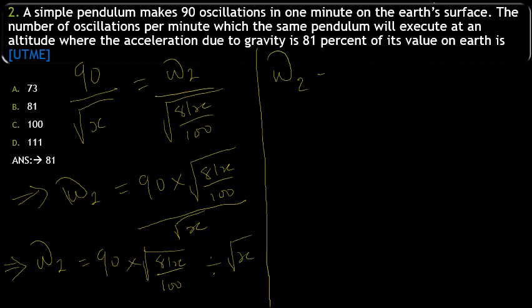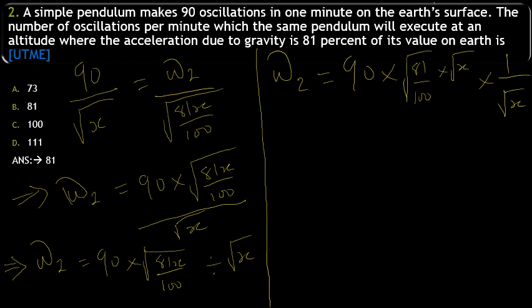Omega 2 is equal to 90 times square root of 81 over 100 times square root of X. I'm actually separating X from 81, then times 1 all over square root of X.